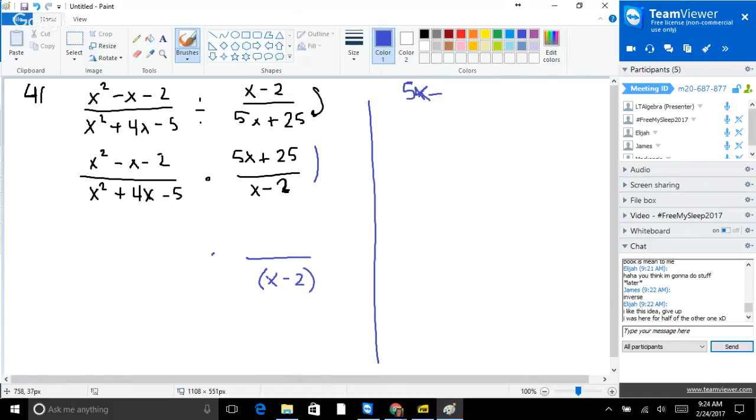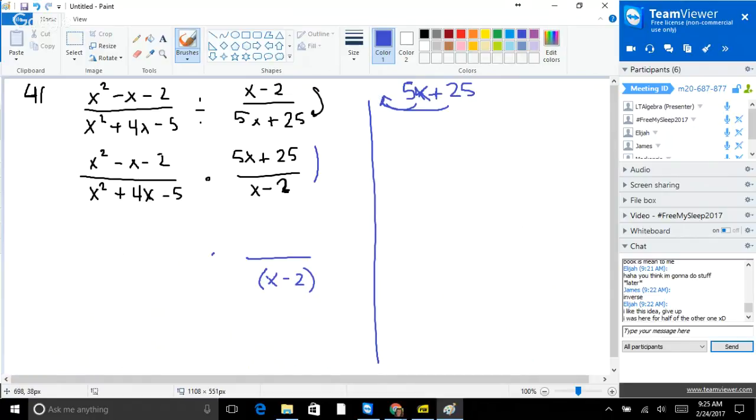5x plus 25. This is like my work off to the side. Can I factor that? Not really, right? We have to actually go back even before factoring when we were able to pull terms out by reverse distributing, right?